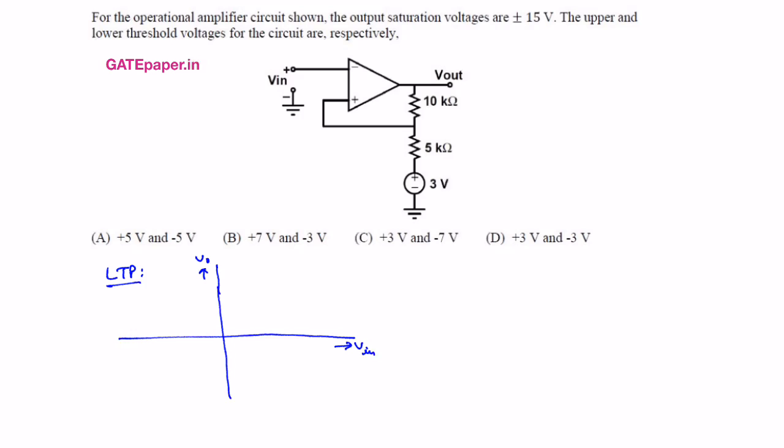Okay, so the input voltage is starting from plus infinity, so always the non-inverting terminal dominates, and the output will be at plus 15 volts. Then, when V minus dominates V plus, the inverting terminal voltage dominates the non-inverting terminal voltage.